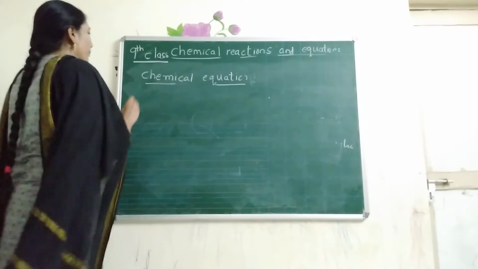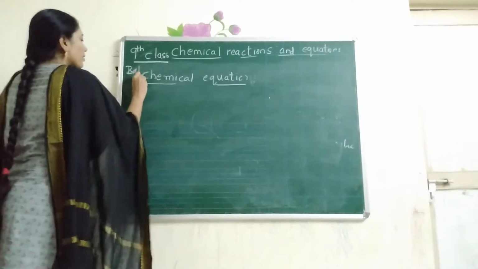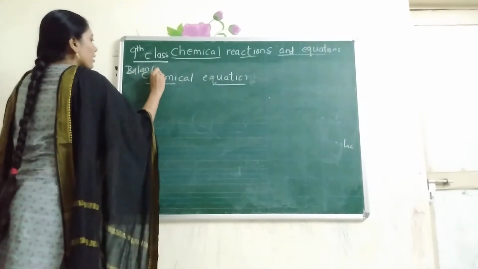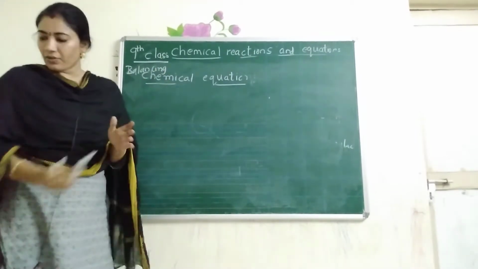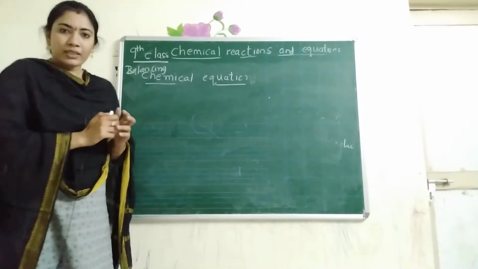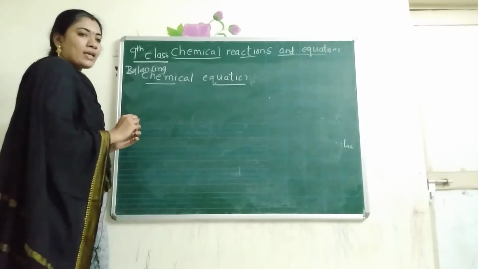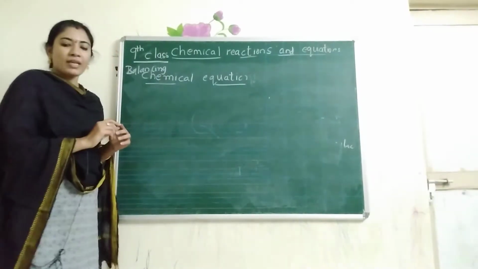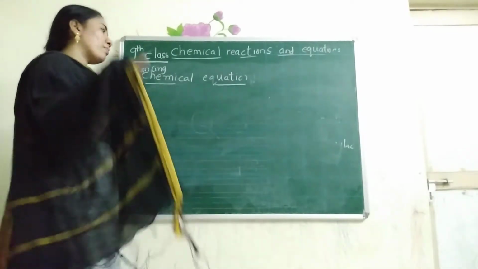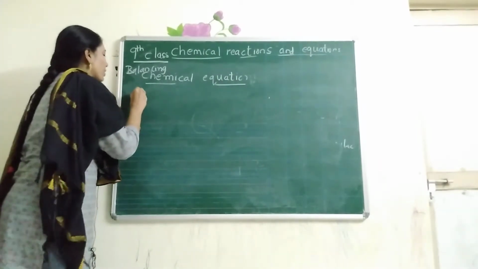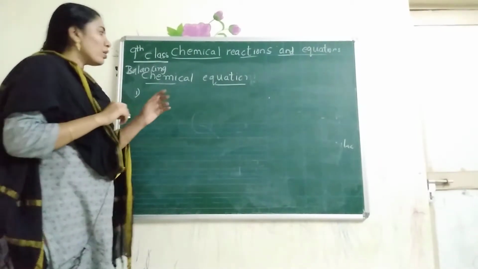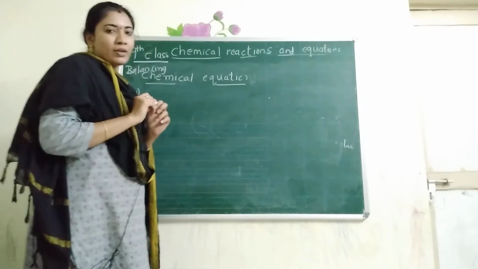See here, balancing a chemical equation. There are 3 steps to balance a chemical equation. In the first step, what do we have to do to balance any chemical equation?